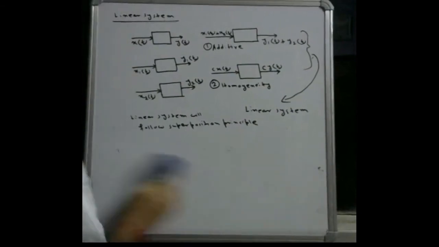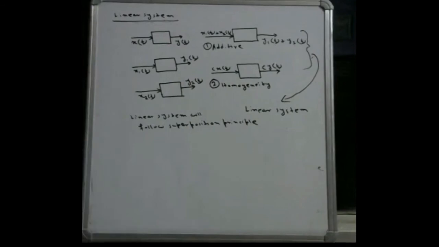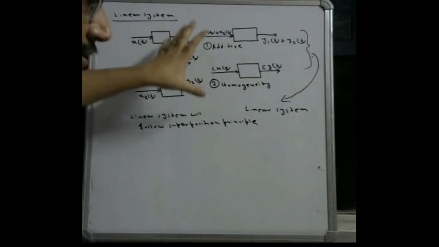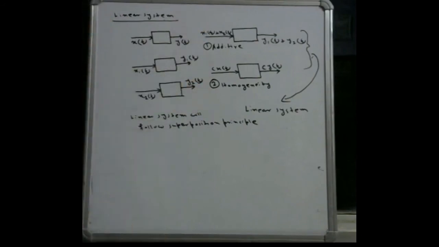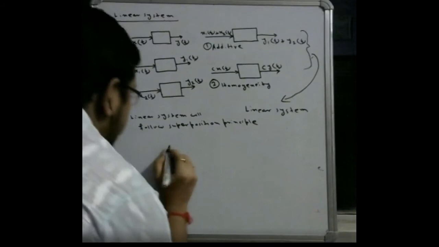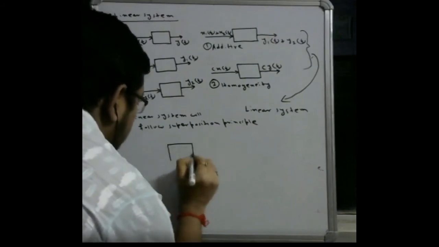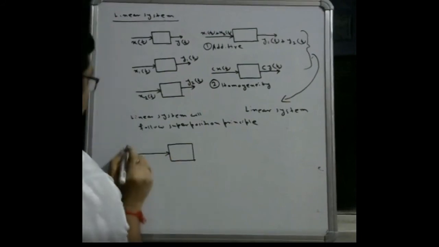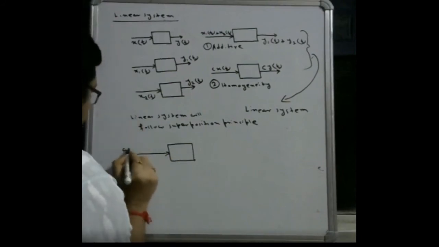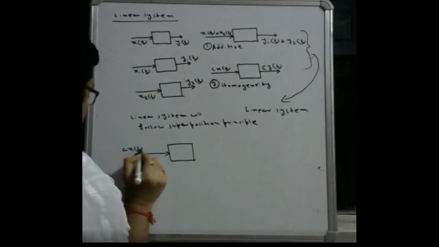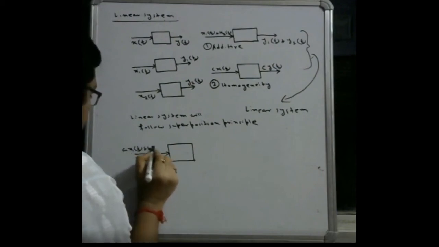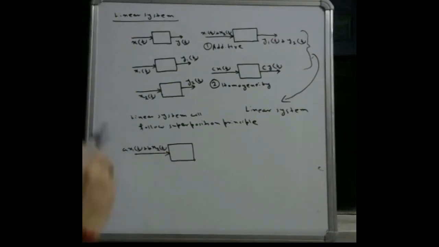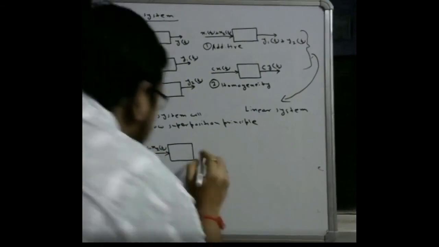Next, if we combine these two conditions, additive and homogeneity, combined, then we can write: a x1(t) plus b x2(t), where a and b both are scalar constants.